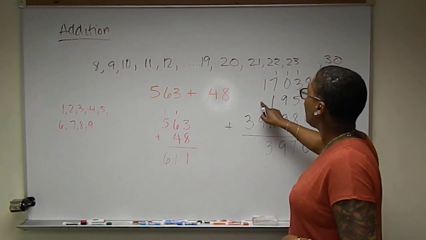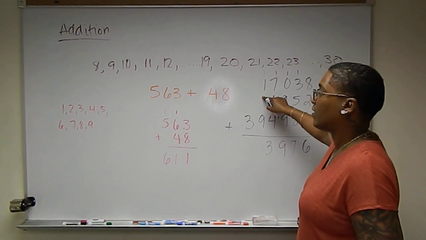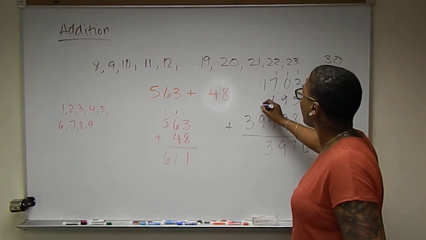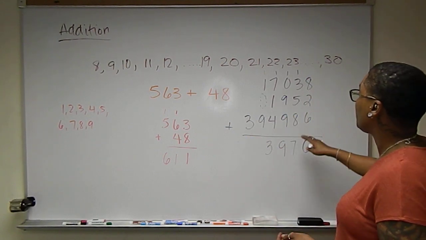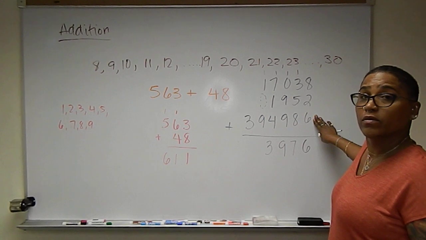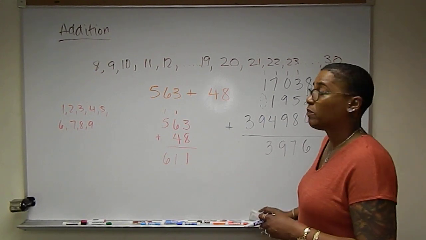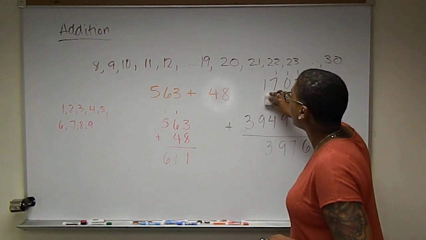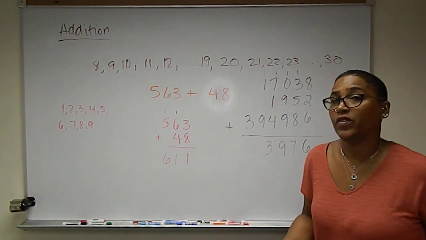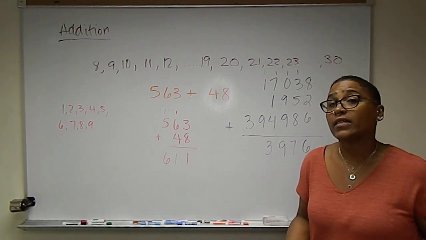Carry that one. Now, even though there's nothing here, a lot of times in schools they will have you add a 0. Actually, a lot of times in school they have you put the largest number on top. Well, we just skip that part, okay? But yes, it is the same thing. Adding a 0 represents that there is no value there that we're adding, so it's okay. It takes the place.